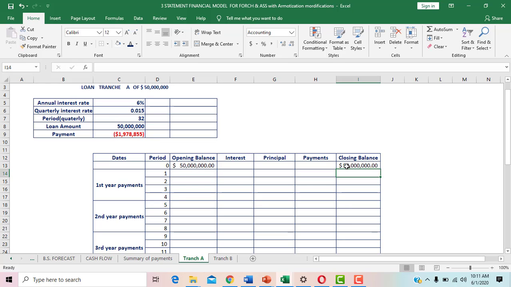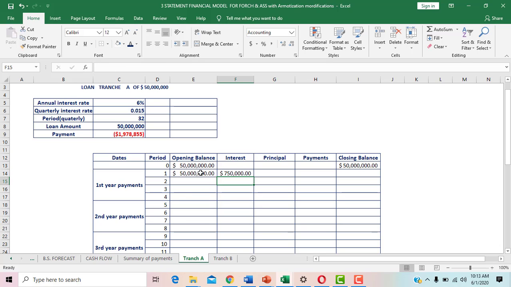Now, from the first quarter, we are still going to have an opening balance of $50 million. In this first quarter, we have to start paying interest on the loan, which is equal to the quarterly interest rate, fixed with F4, multiplied by $50 million.